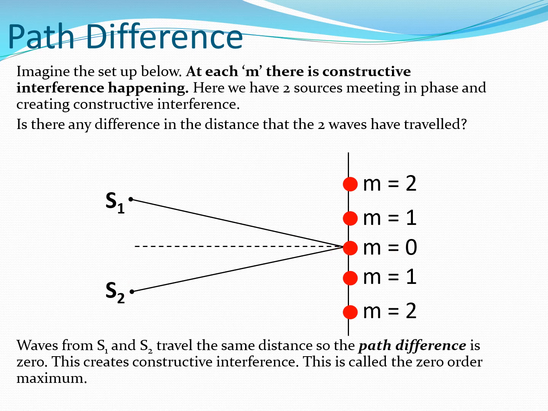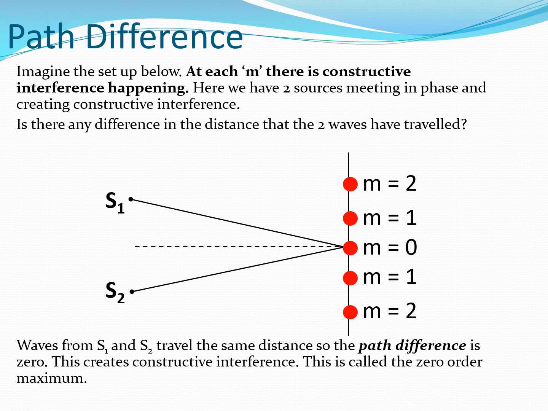Is there any difference between the distances that the two waves have travelled? Well, no, because if you joined up a line between, say, speaker 1 and speaker 2, you'd have an isosceles triangle. The distance between speaker 1 and m is equal to 0, and the distance between speaker 2 and m is equal to 0 is the same.